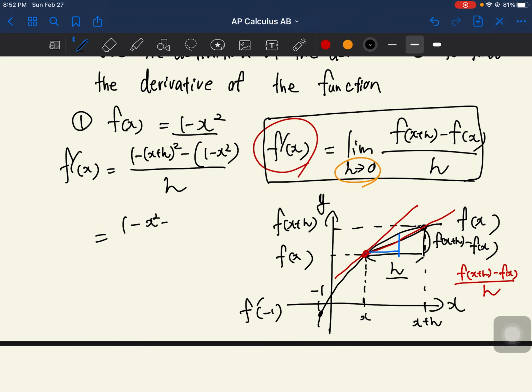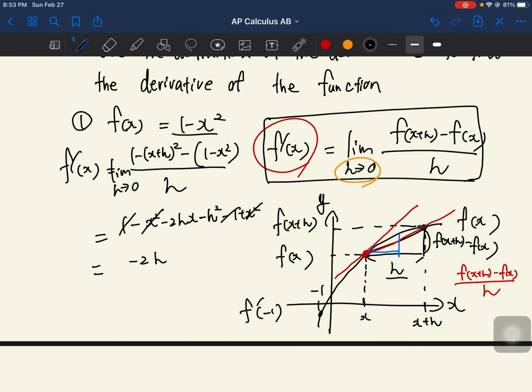So let me just expand it. 1 negative x squared negative 2hx negative h squared negative 1 plus x squared, and you can cancel out, and it's going to be negative 2hx negative h squared.